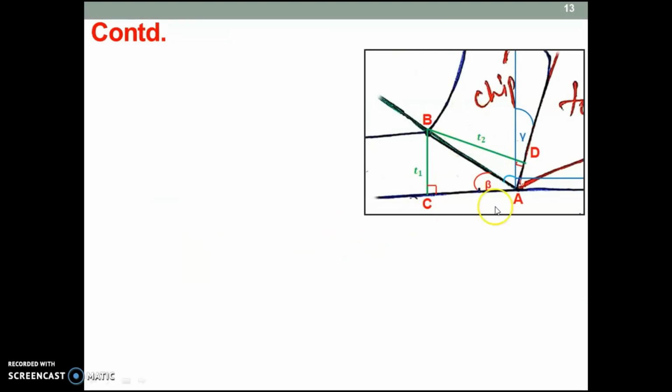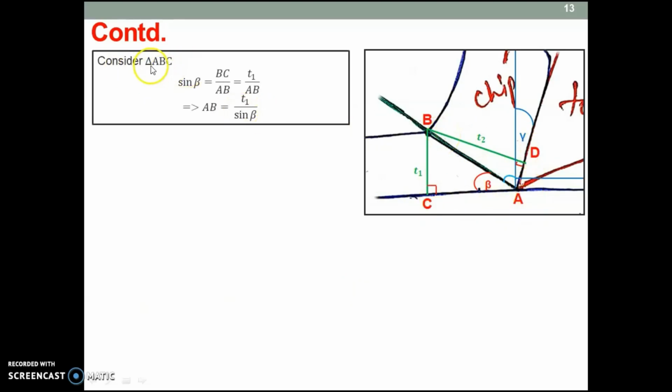So you can see here the same model, whatever we have derived till now. ABC, ADB. So if you consider triangle ABC, what is sine beta? Sine of this angle is sine beta, which is equal to the perpendicular, that is BC, by the hypotenuse, that is AB.